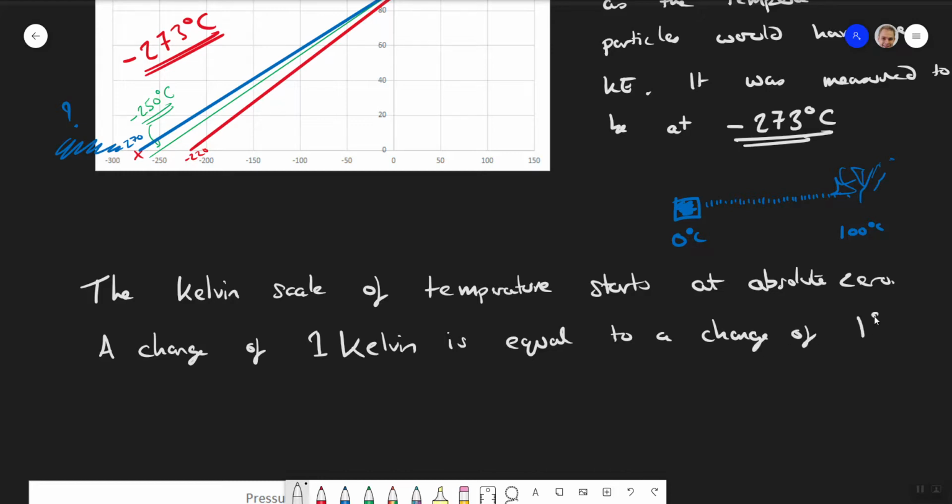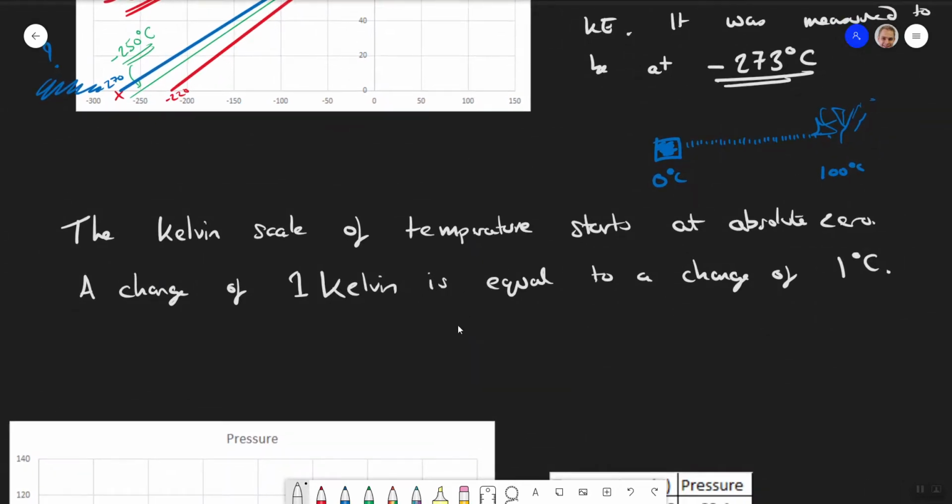So often when we're dealing with temperature changes, we don't need to worry about whether we're in Kelvin or Celsius. But what it means is that if you want to convert from Kelvin to Celsius, you just need to convert by this 273.